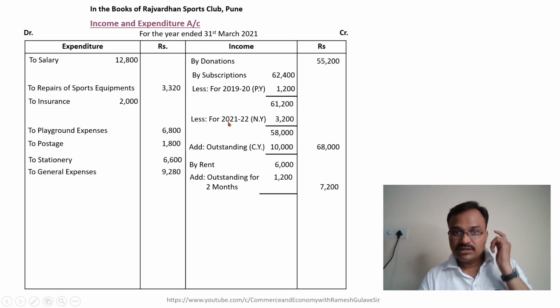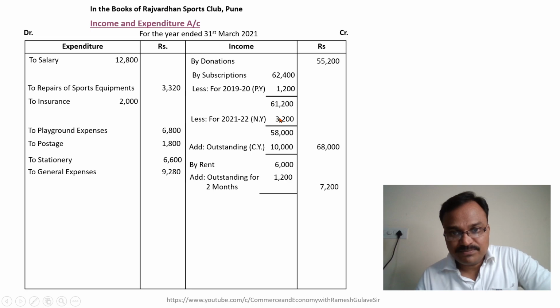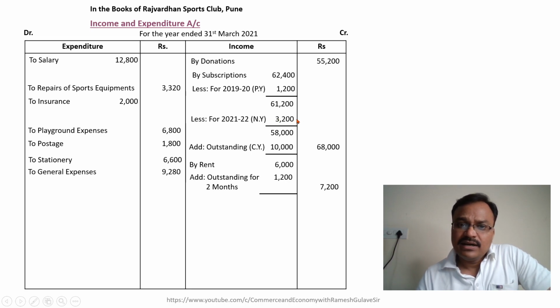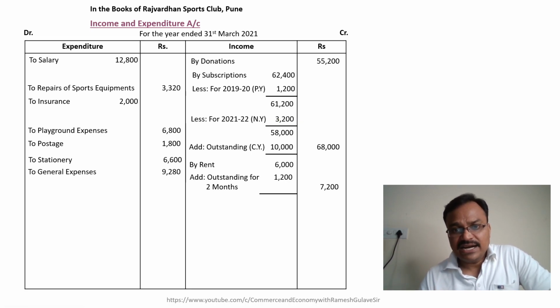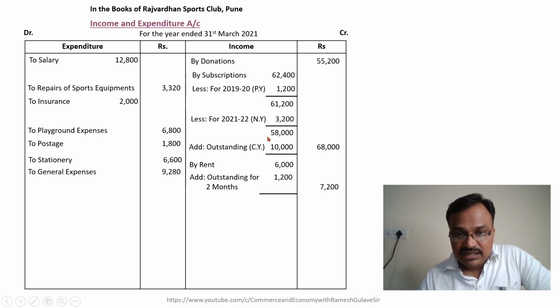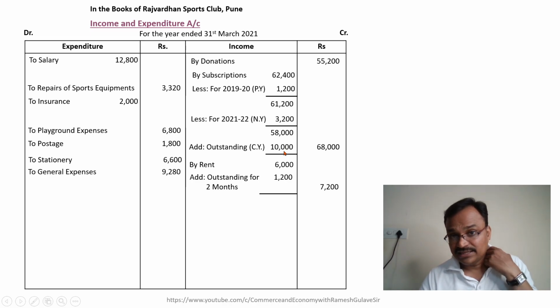Okay, so here from subscription we have subtracted 3,200 as received for next year, and we have given its second effect on the liability side. Again, here subscription for current year is outstanding. So outstanding subscription for current year 10,000. Here we have added this in the income.